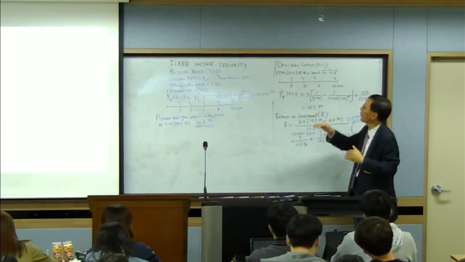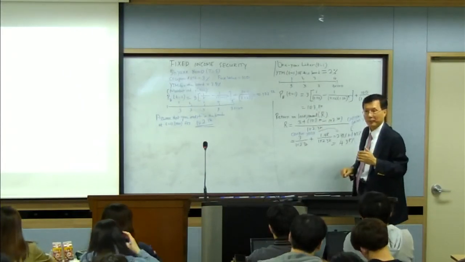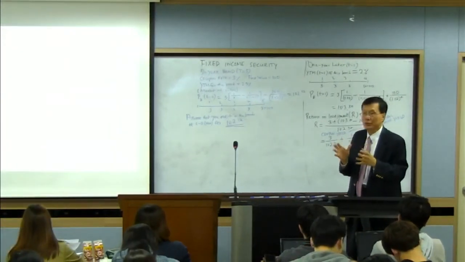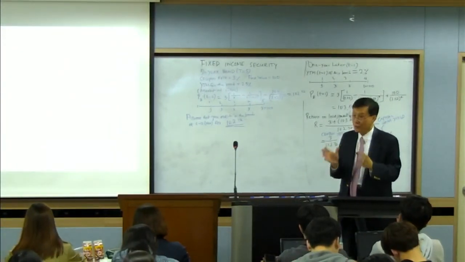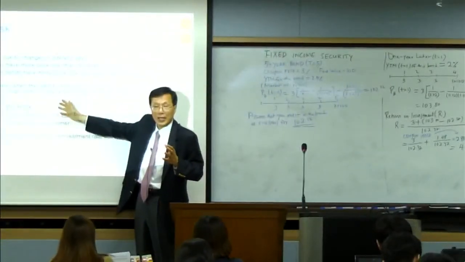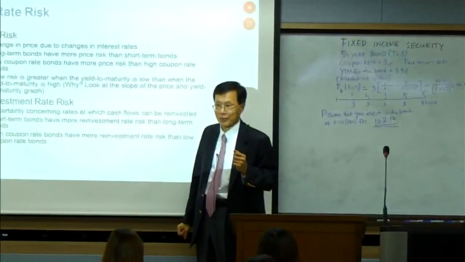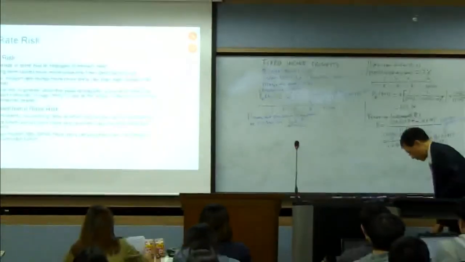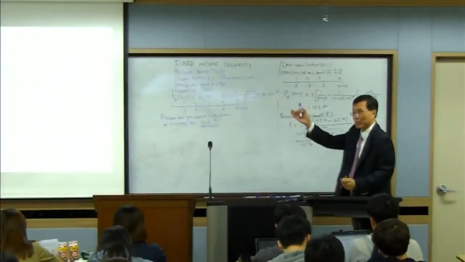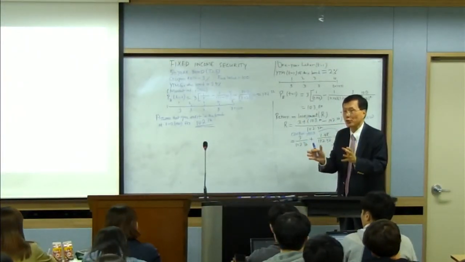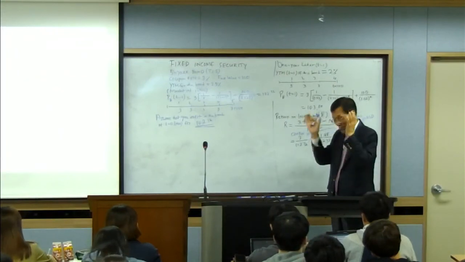It depends upon interest rate. So fixed income securities are not risk-free. They are risky. And there are two kinds of risks, price risk and reinvestment risk. Price may change because of interest rate changes. That's called price risk.